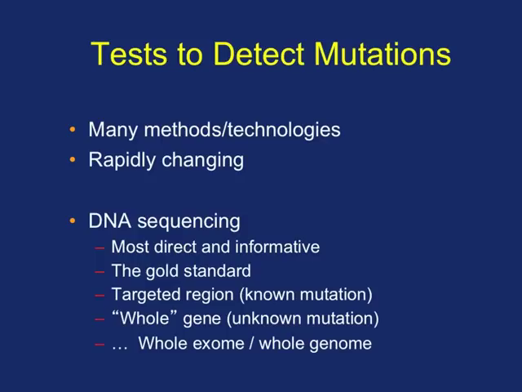So how do we detect mutations? I used to, again, spend whole lectures talking about this. Right now, almost all by direct sequencing. And the methodologies are changing all the time. There are basically three flavors now, and this is rapidly changing.